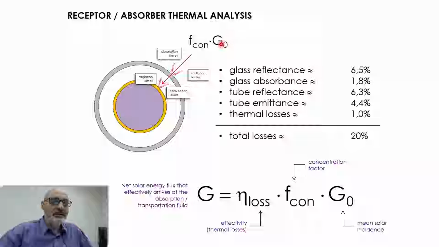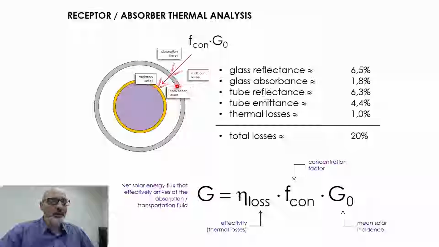So this varies with the time and also with the date. We multiply this by the concentration factor, which, as I said, may be 10, 20, 15, depending on the geometry. It's only a geometrical factor. And it's going to arrive at the outer surface of the glass tube.